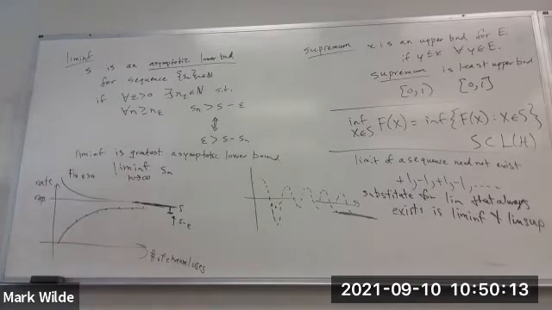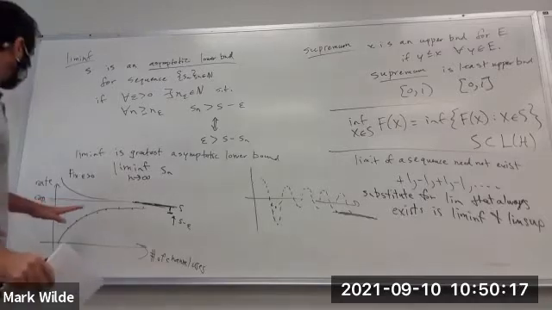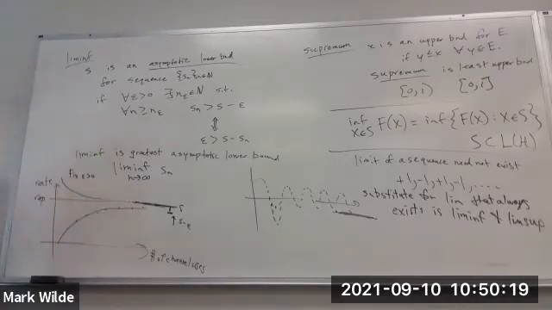And then lim sup is the relevant one. So typically what we'll be doing is proving achievability theorems like we did with Shannon's theorem, where you're approaching the rate from below. And then when we try to get upper bounds on capacity, we're approaching it from above, and then lim sup is the relevant one.